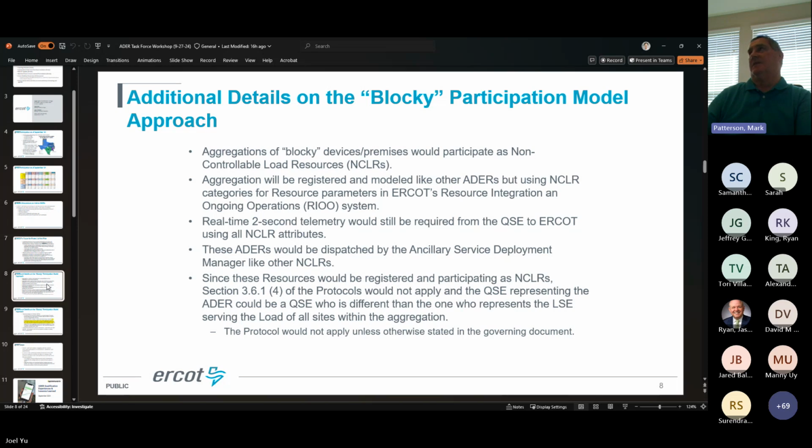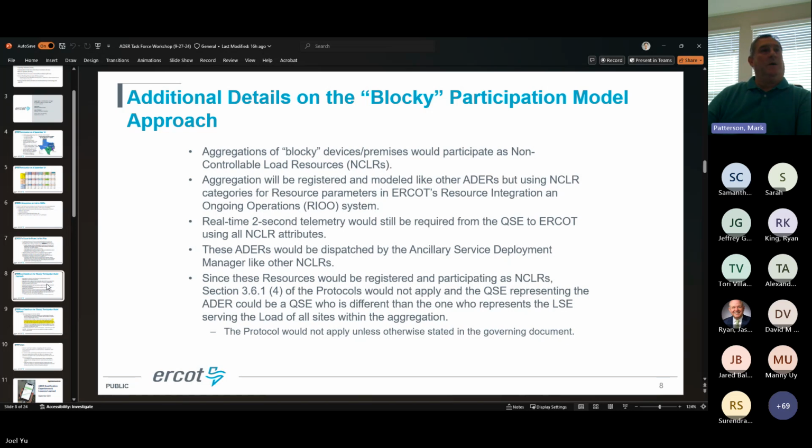Because of the extensive participation we have as non-controllable loads today, where we have hundreds of load resources registered and qualified, over 7,000 to 8,000 megawatts in total, that's what we're proposing to build upon for phase 3.